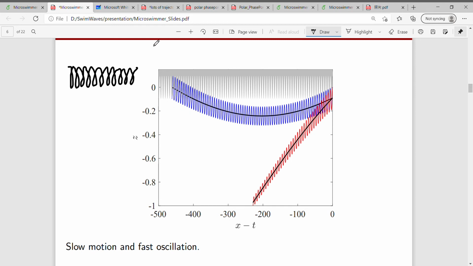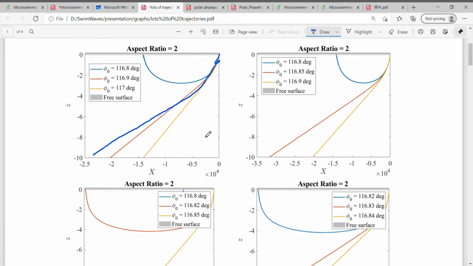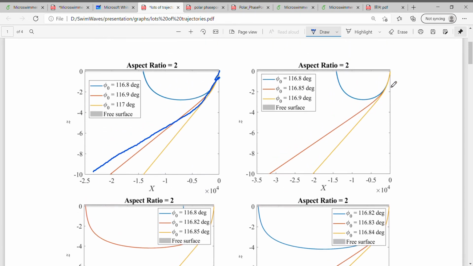I have more graphs to show you. These lines are not smooth lines. These trajectories actually oscillate.